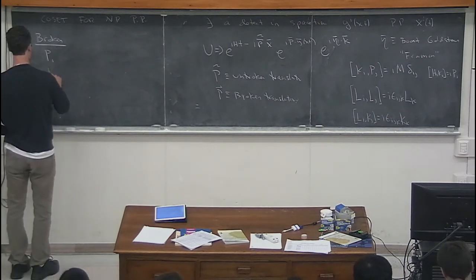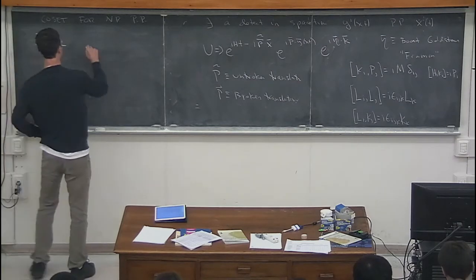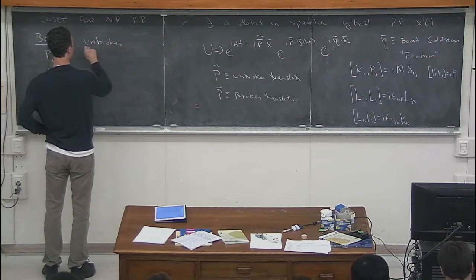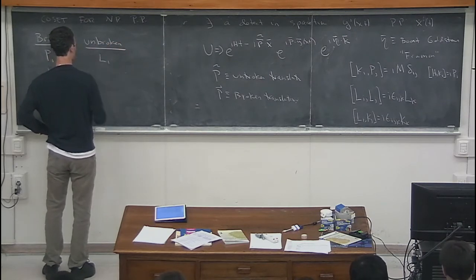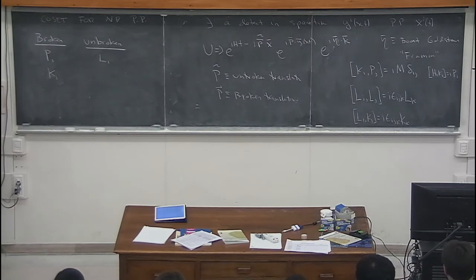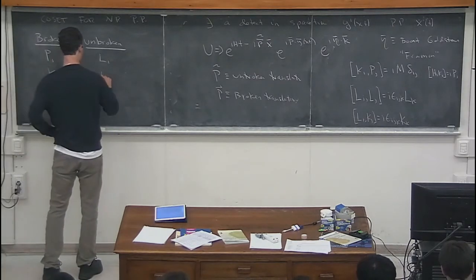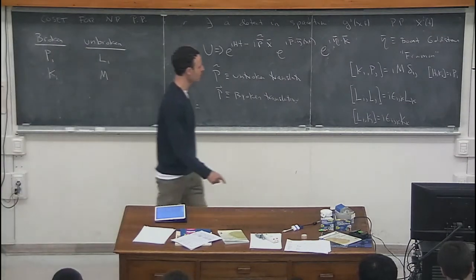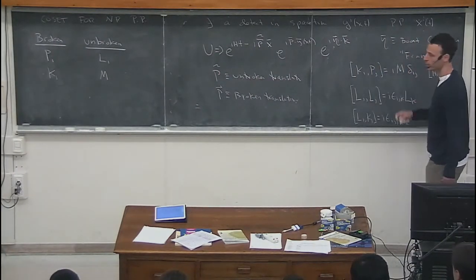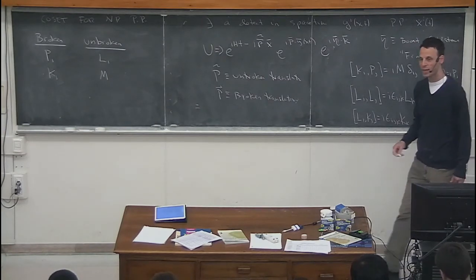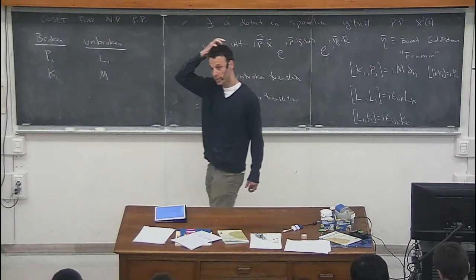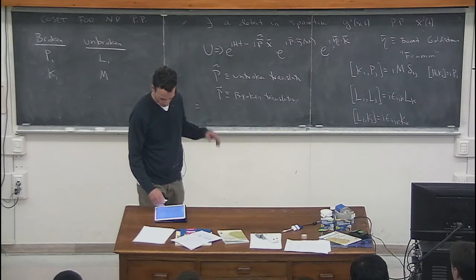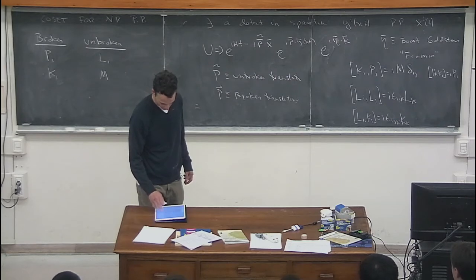All the boosts. And the unbroken are going to be the rotations and the mass. So the mass is a generator, it's a central charge, and you could ask, how could you ever break the mass? It turns out quantum mechanically that can happen; it happens in a superfluid. That's when the number of particles becomes ambiguous.